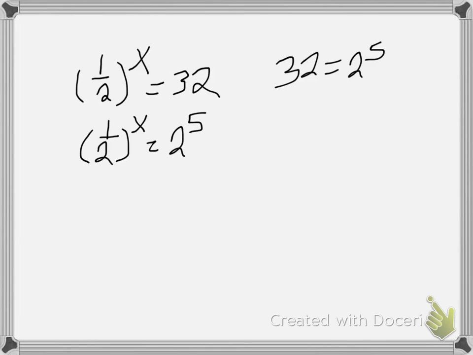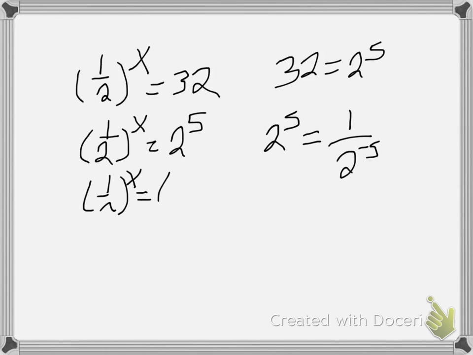Well, 2 to the 5th is the same thing as 1 over 2 to the negative 5. So I can say this is the same as 1/2 to the x is equal to 1/2 to the negative 5th power, or x is equal to negative 5. Those are a little tricky. You have to understand what a negative exponent means and things like that. And I know that you talked about that a little bit, but not a whole bunch.